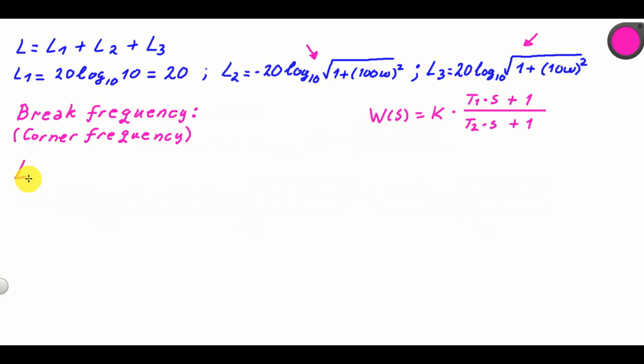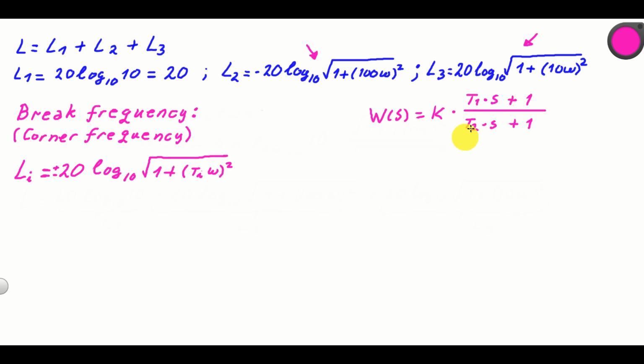I will call them L, for example, L is equal to 20 log with the base of 10, and here we can put plus or minus sign, of what? If this term over here was t_i or any other number, over here you will have 1 plus t_i omega squared.